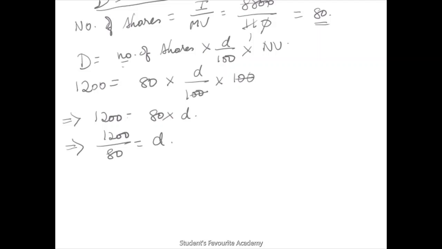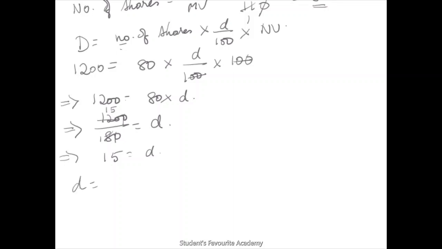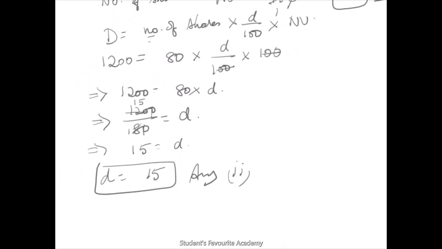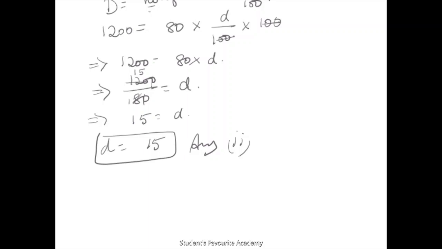You agree? So 0 0 cancels. 8 ones are 8, then 4, 40, 8 fives are 40. So 15 is equal to d. Therefore dividend percent is equal to 15. This is answer 2. And the first one was number of shares, that is 80. This is your answer 1. Very clear? Easy? A board question, isn't it? So that is the type or level of question that are asked in the boards.